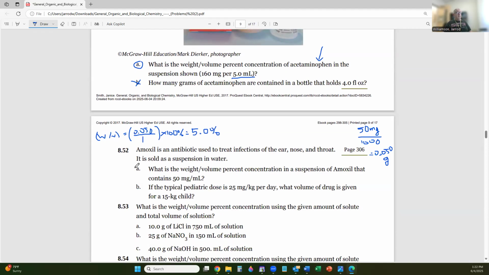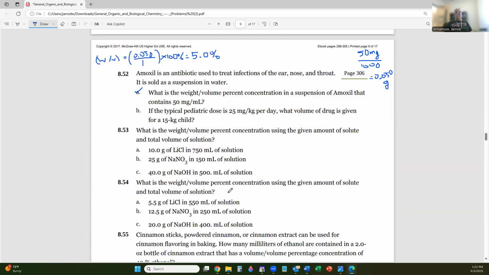Okay, that's letter A. If the typical pediatric dose is 25 milligrams per kilogram per day, what volume of drug is given for a 15-kilogram child? Okay, so we have 15-kilogram child times 25 milligrams per kilogram of kid per day.